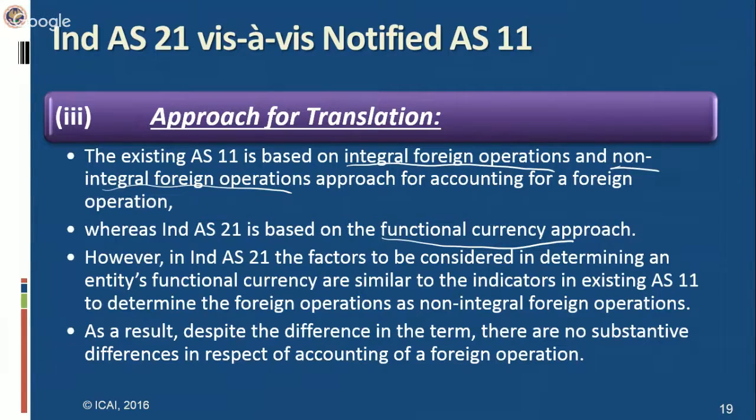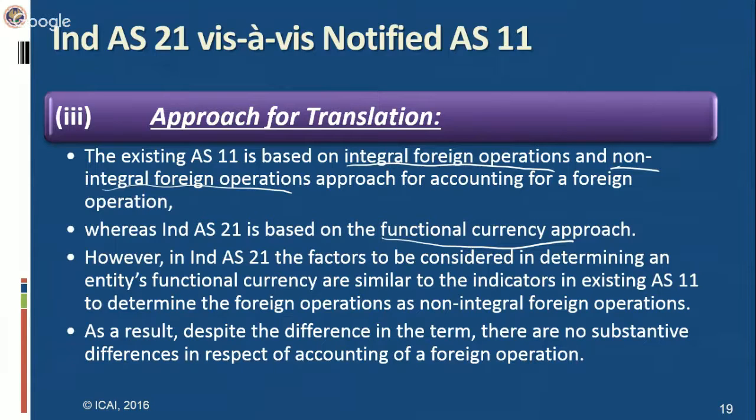This will often be the currency in which such costs are settled and the way in which these costs are denominated. The currency in which receipts from operating activities are retained, and the currency in which funds from financing activities, that is, issuing debt and equity instruments, are generated. So these four factors: one is the currency which mainly influences your sale price.